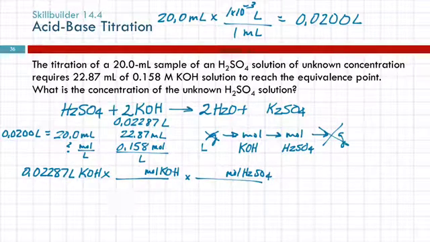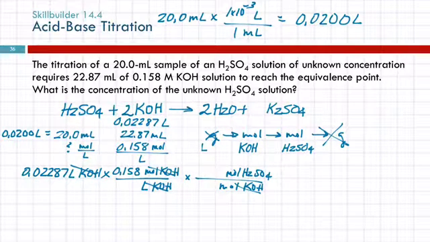Liters of KOH goes down here, so that those units are going to cancel out. Moles of KOH goes down here, so those units cancel out. And I put numbers in. So this molarity that was provided about the KOH, 0.158 moles of KOH per liter, that goes in right here. 0.158 is with moles, so it goes on the top. Moles per liter.